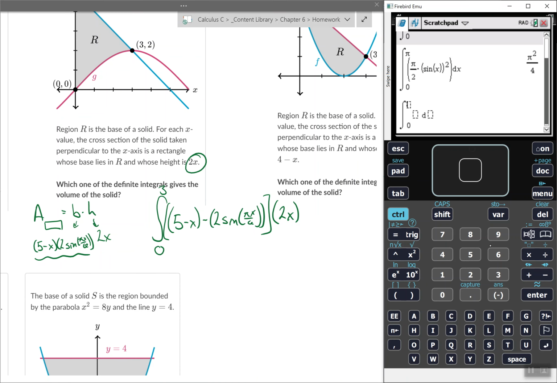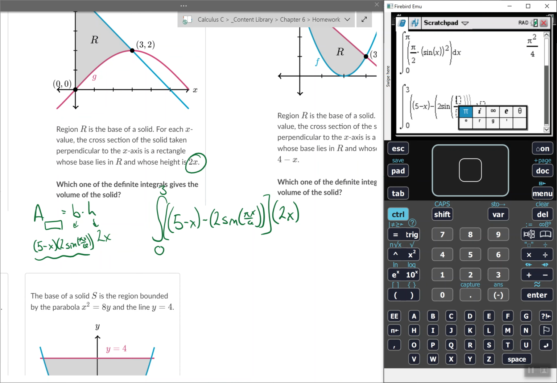So we go from 0 to 3 of, now we're going to have to do triple parenthesis here, and double parenthesis. 5 minus x, close that one, minus, open another one, 2 sine, there's our third parenthesis, of pi x over 6, and then close, close, close, times 2x, close that, dx.